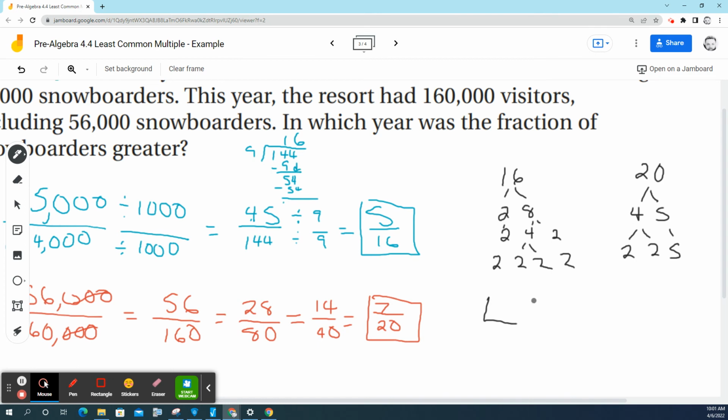So I've got to find the lowest common multiple to find the lowest common denominator, basically. So I've got this 2 and this 2. Write it down here. I've got another 2 times another 2. And then I've got a 2 and a 2 and a 5.